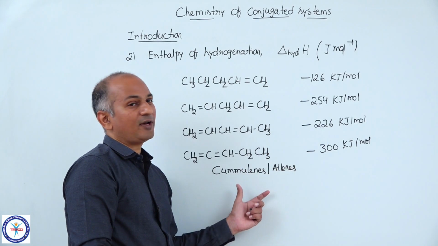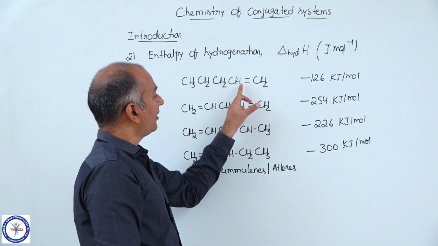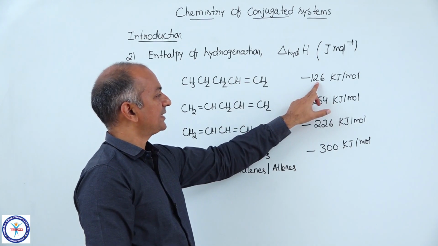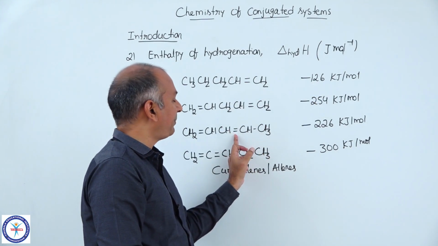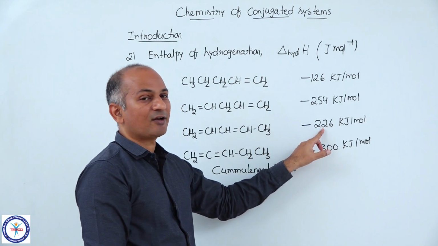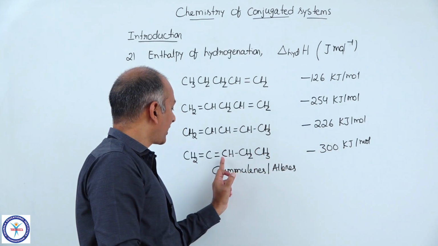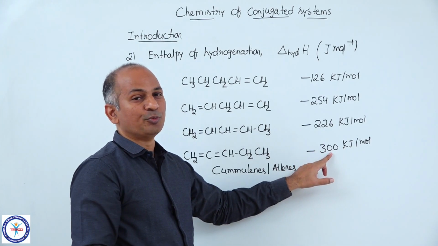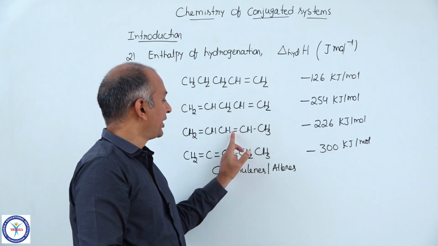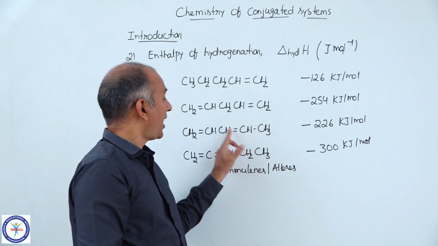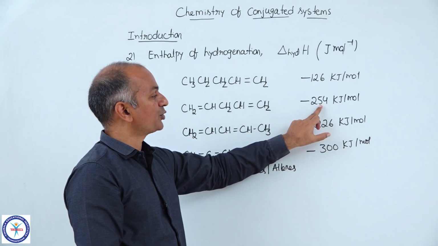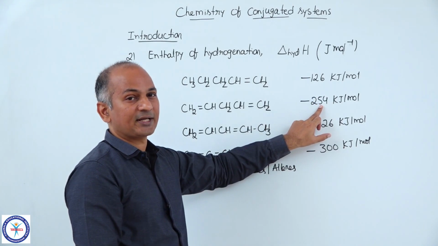Observe all these values: 1-pentene minus 126, 1,3-pentadiene less than twice, but 1,2-pentadiene more than twice. So cumulenes are unstable, conjugated dienes are stable, and 1,4-pentadiene is almost twice the value as expected.